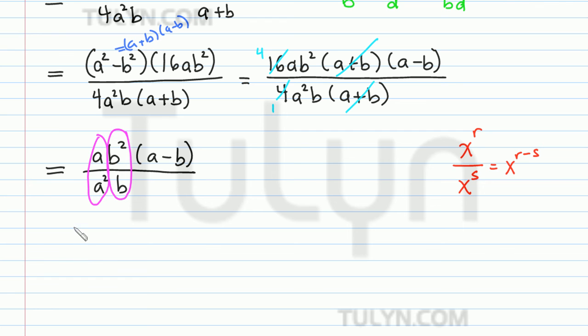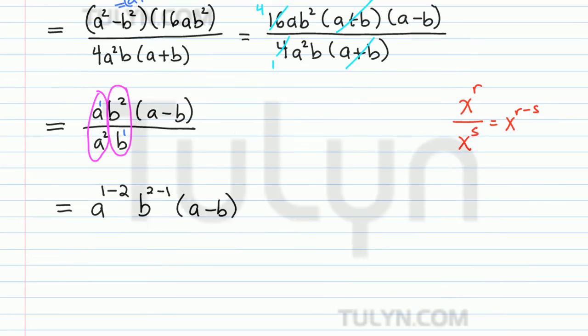So let's do that. So this becomes a to the 1 minus 2, and then b to the 2 minus 1. I just subtracted the exponents and made the assumption that these were 1s, which is by definition, and then times a minus b, which doesn't change.